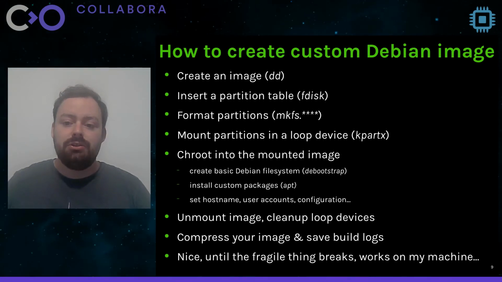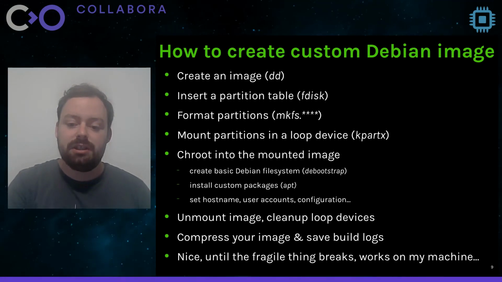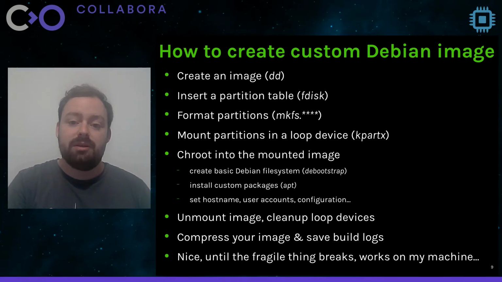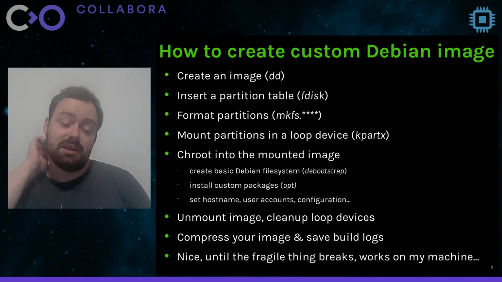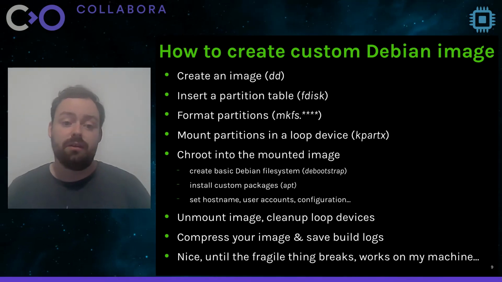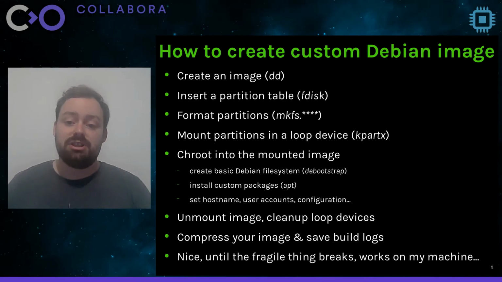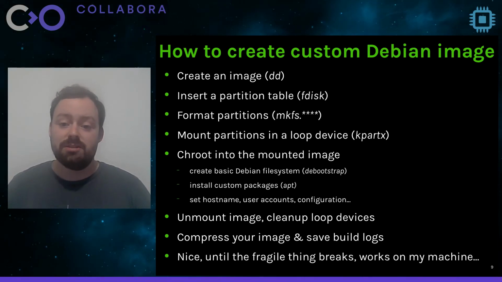So how would you create a custom Debian image? Normally you would create an image using dd. You'd basically flash the image with all zeros to begin with on your local hard drive. You'd insert a partition table using fdisk and format these partitions.